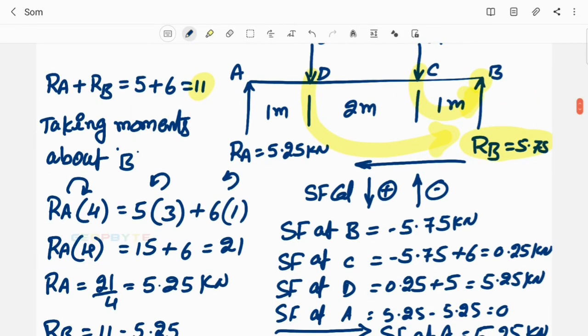So from this you can conclude that the maximum shear force may be occurring either at A or B, or simply I can say that the maximum shear force is occurring at the supporting points.